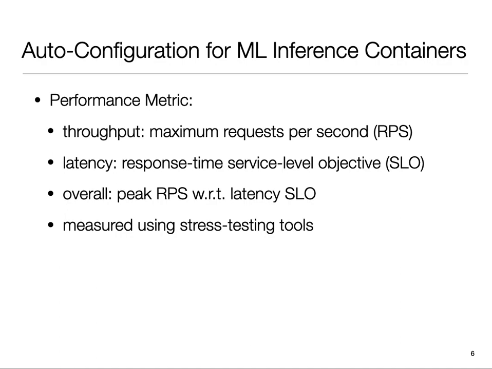Inference services usually run in containers, and we measure a container's serving ability with its peak request per second (RPS) it can serve without violating the response time service level objective. The peak RPS can be easily measured by stress testing tools, and our production systems use the peak RPS to determine the required number of container instances for each service.